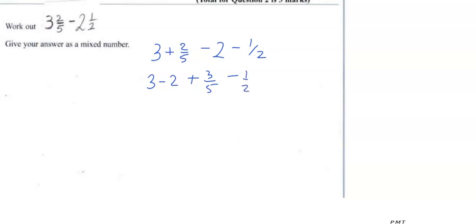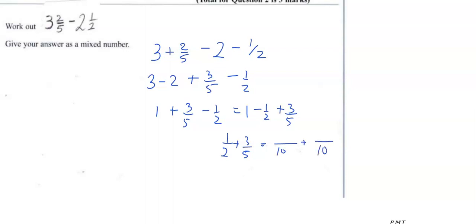That is the same as 1 plus 3/5 minus 1/2, which is the same as 1 minus 1/2 plus 3/5, which is 1/2 plus 3/5. And then make the bottom numbers the same.